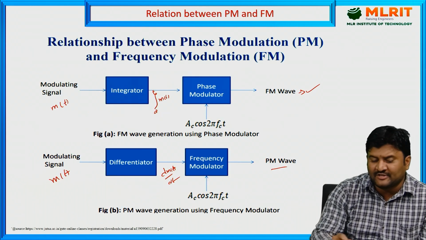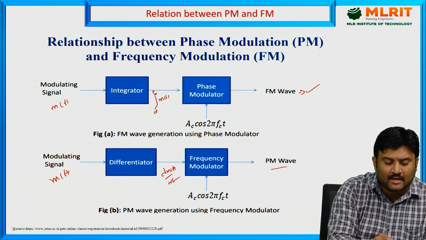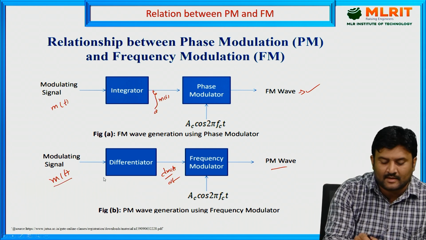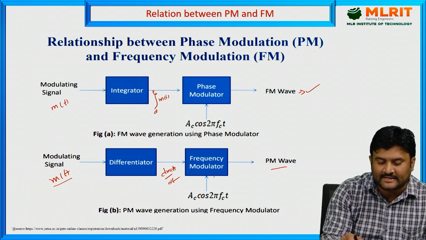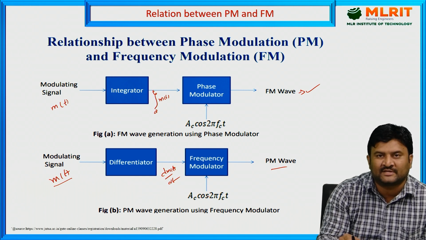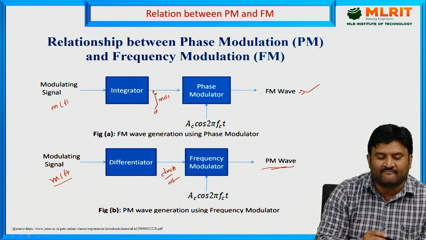Here the differentiation will come. That's why the modulating signal m of t is given to the differentiator, then dm of t by dt is given as input to the frequency modulator, and one more input is Ac cos 2 pi fct. The output should be the PM wave.